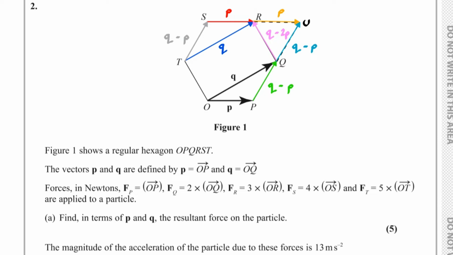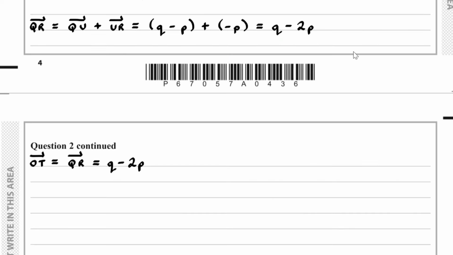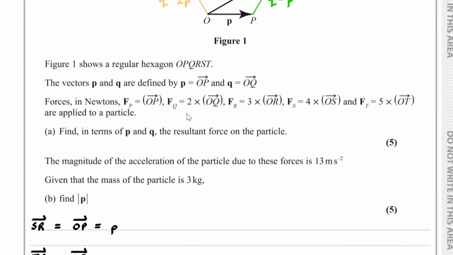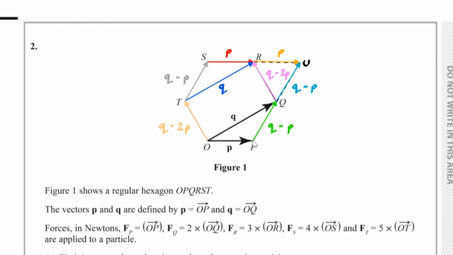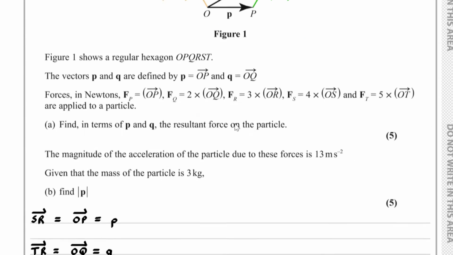So this vector here is equal to Q minus 2P. Now, with all this information, we can find out other vectors. We've got OP, we've got OQ, so now let's find out what the vector OR is.